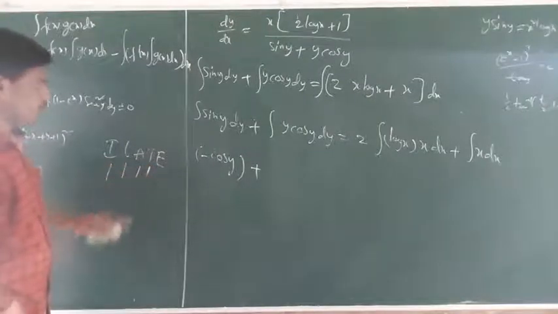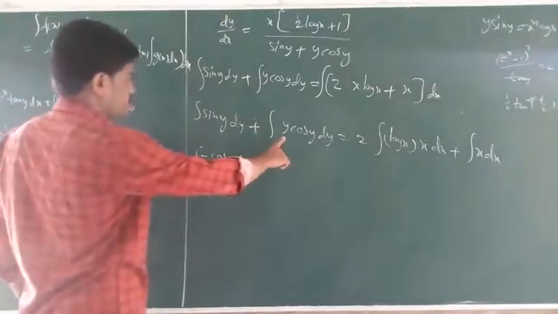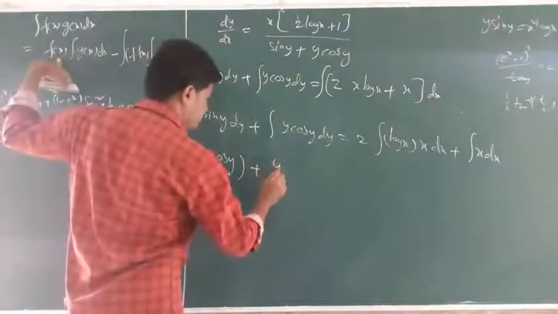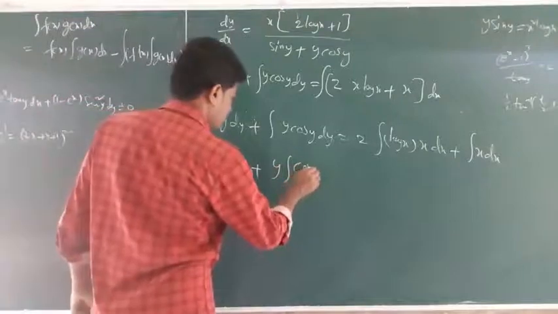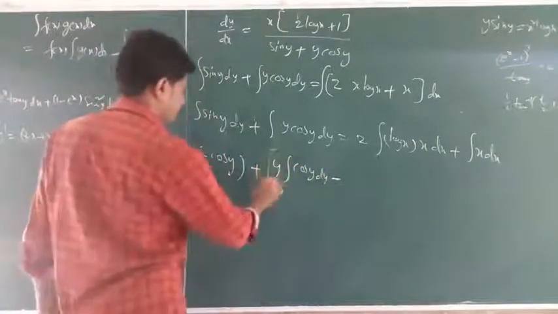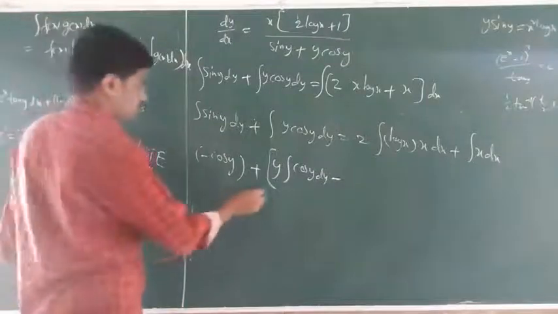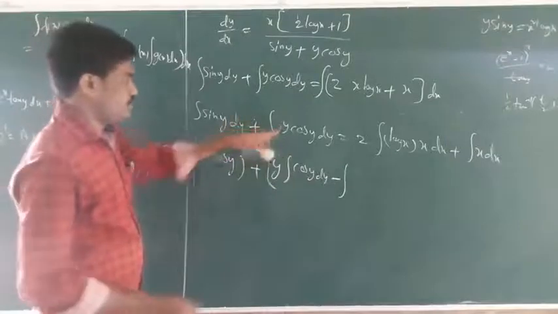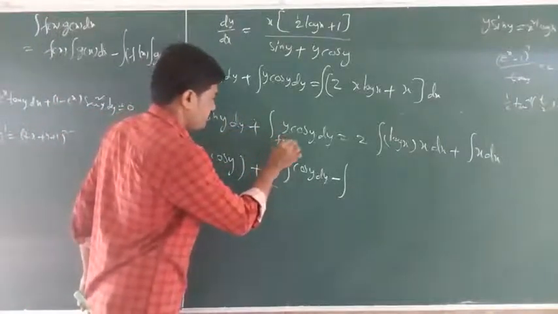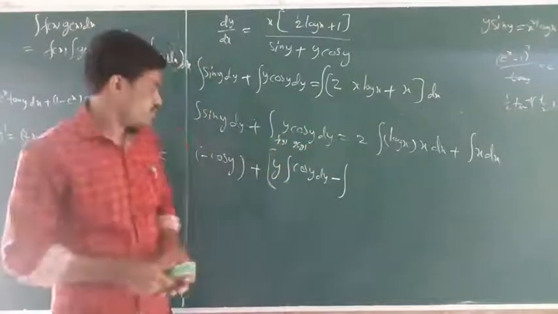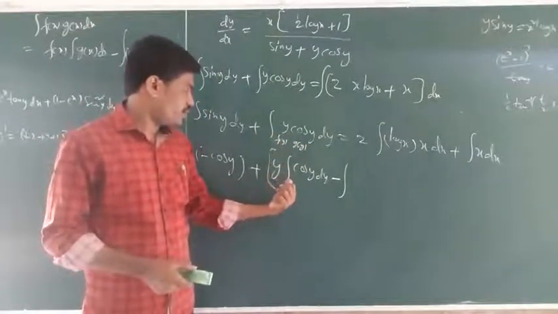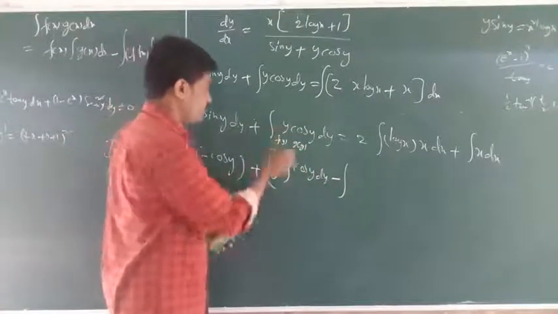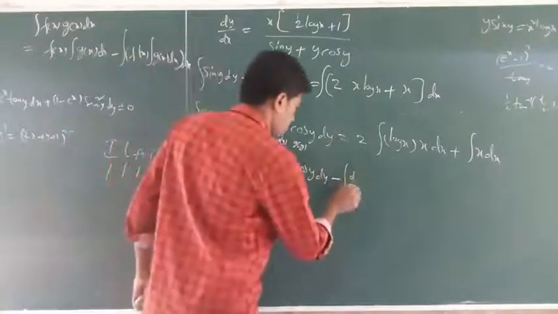So first, this one, y, is the f of x. So it is y into integration of cos y dy, minus the next integration. This term you can select as f of y, this as g of y. So first f of y, nothing but y, into integration of g of y dy, meaning cos y dy, minus, this f of y you take the derivative, d by dy of y, into integration of cos y dy.